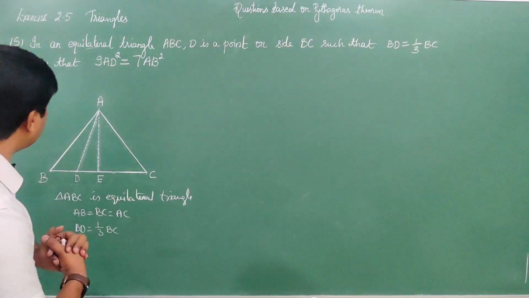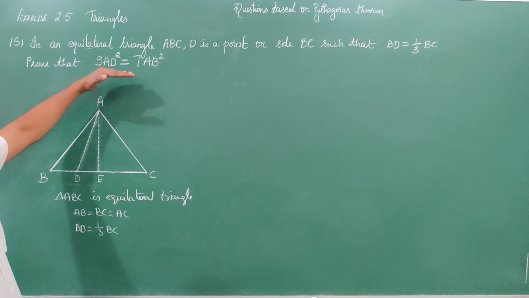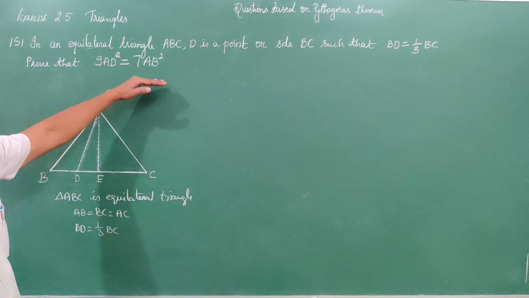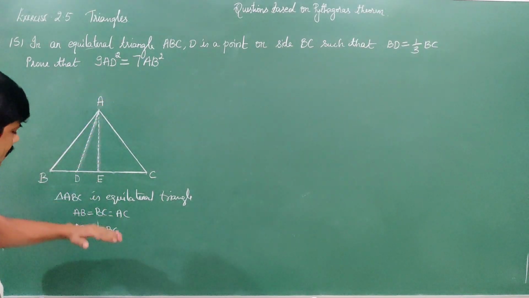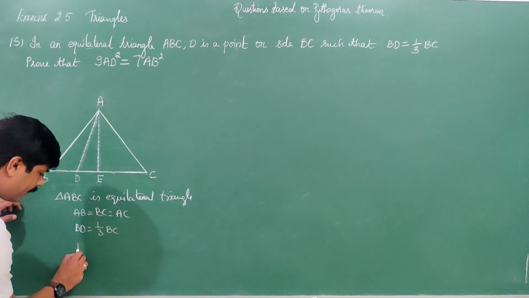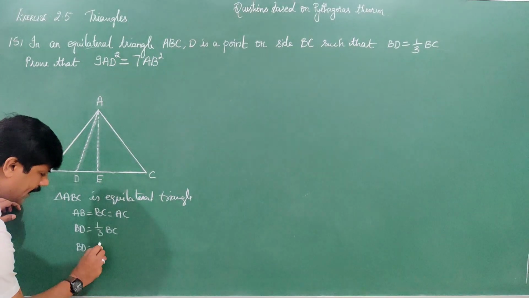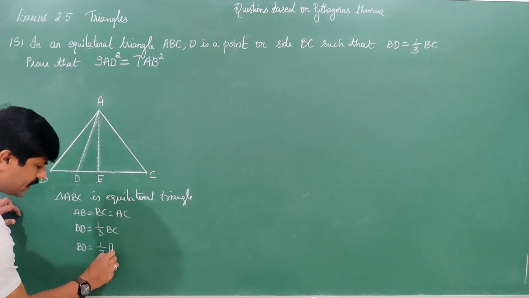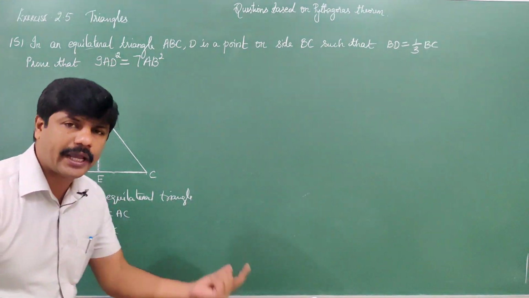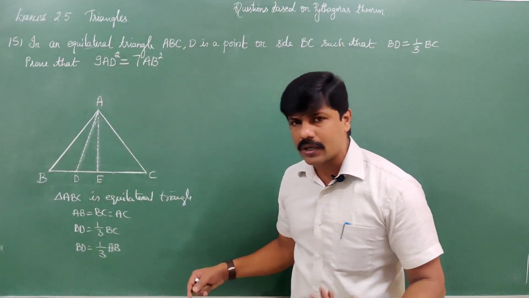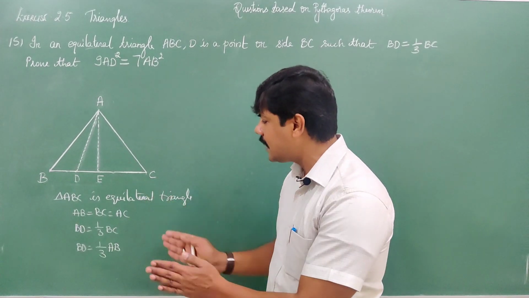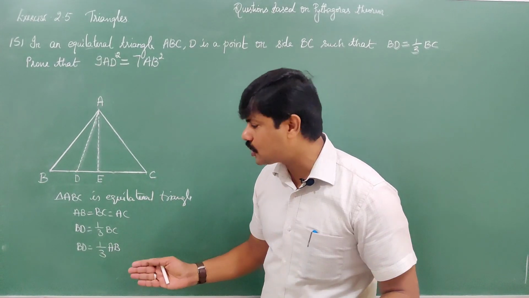If you observe properly, in whatever we have to prove, there is no BC at all. So this BD could be written in terms of AB. What is BC here? BC is equal to AB. How is BC equal to AB? Because ABC is an equilateral triangle, so all the sides are equal.